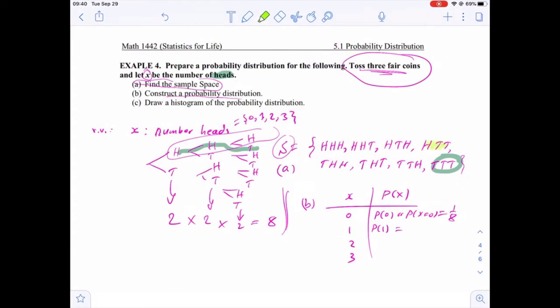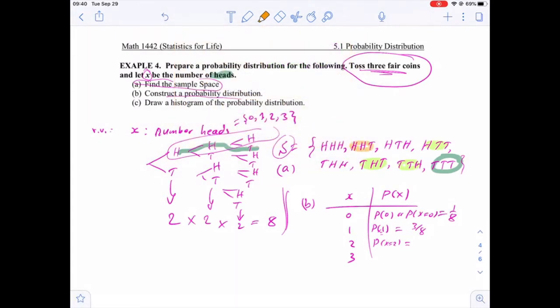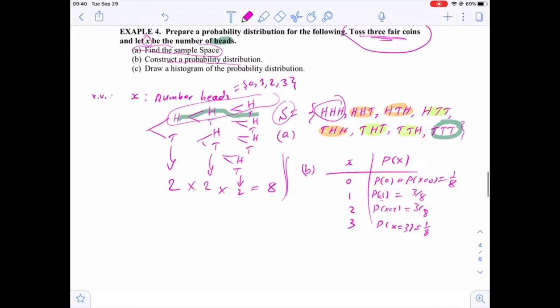Here we have 1 head, here and here. So those are 3 out of 8. Probability of x equals 2, 2 heads, we have 1, 2, 3. 3 out of 8. And probability of x equals 3 heads, we have just 1 outcome that involves 3 heads. So this is the probability distribution.